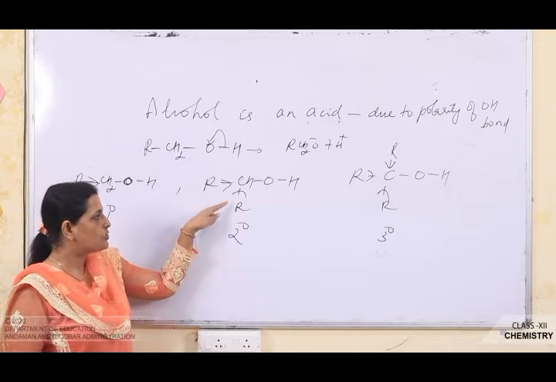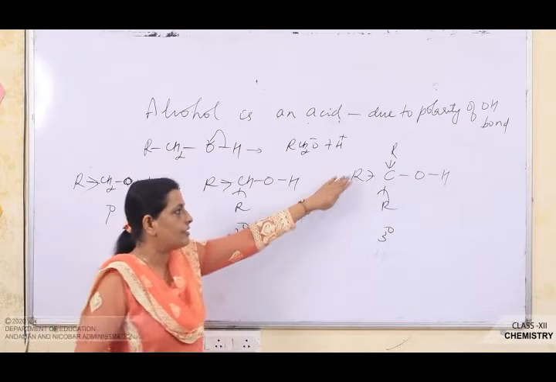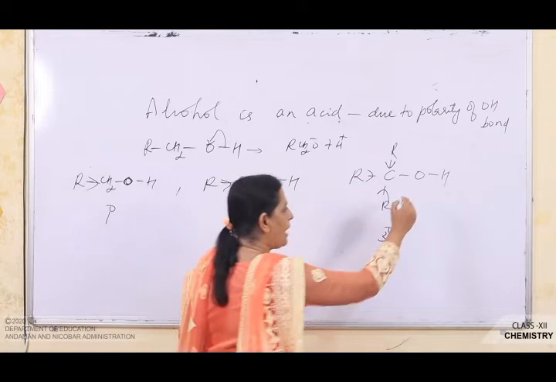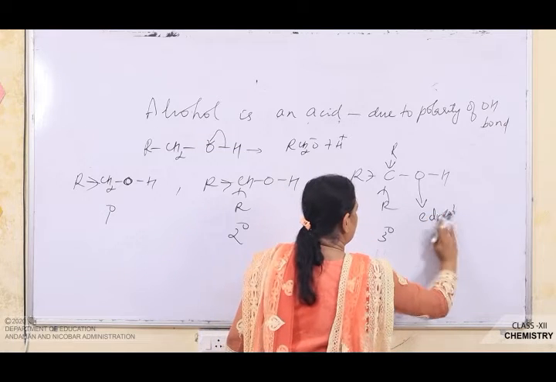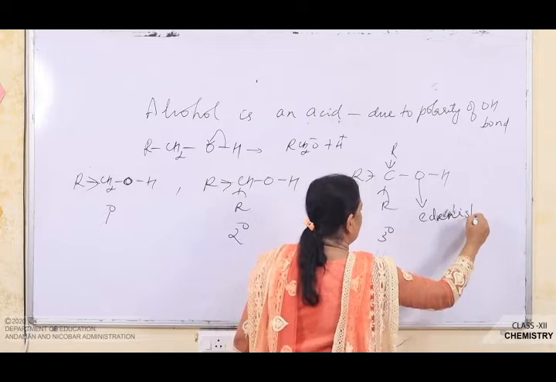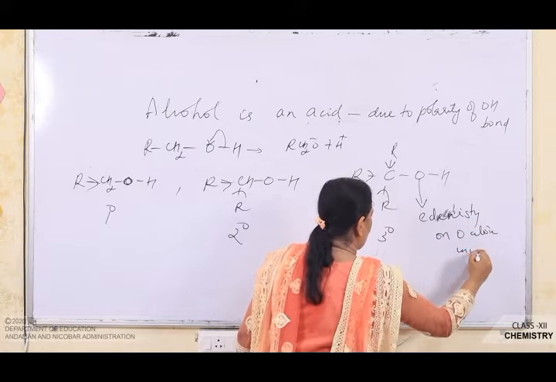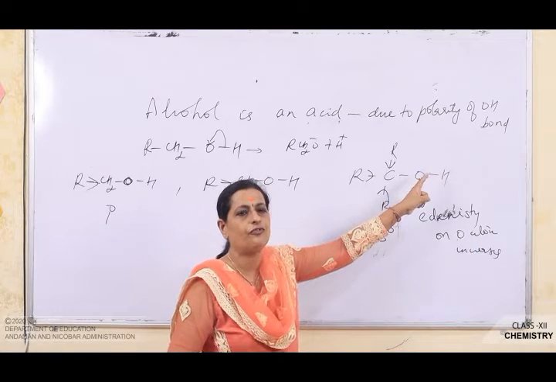Here there is one electron releasing group, here two, and here three. So in the tertiary case, the three electron releasing alkyl groups donate electrons, and the electron density on the oxygen atom increases. When the electron density on the oxygen atom increases, what happens to the polarity of the OH bond?